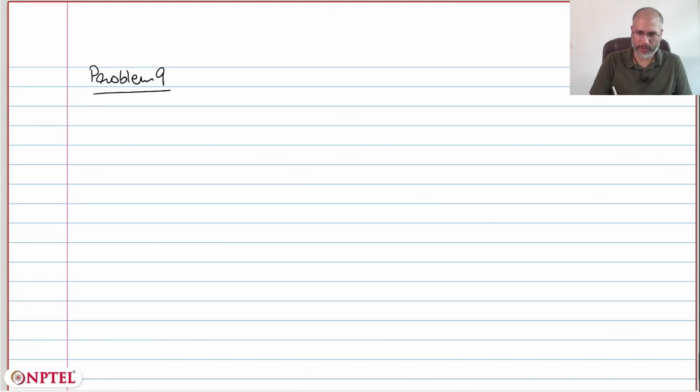So the next problem says there is an expression given to us, which is sigma ij times ej, and there are two parts to the problem.